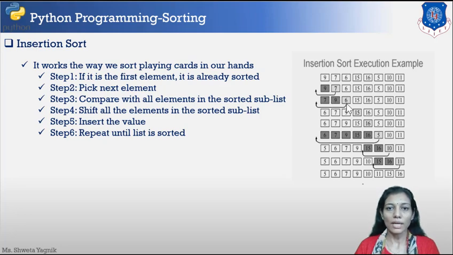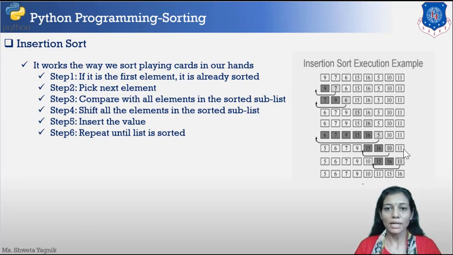Now next is 6. 6 is compared, it is again out of order, so it will be placed at the proper position. Next, 15 is already at the proper position, so there is no need to do any swapping. 16 is again at the proper position. Now 5 is compared with the sorted list and is found out of order, so it is placed at the proper position, at the front of the list.